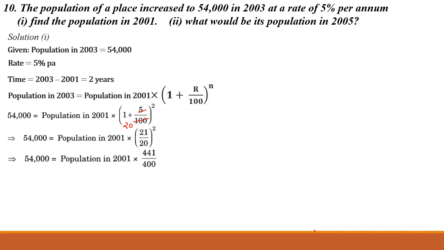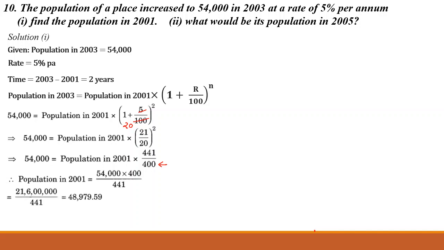Now to find out the population in 2001, we will transfer this fraction to the left hand side. And we know that whenever we transfer a fraction to the other side, it becomes the reciprocal of the fraction. So in the next step we will get that the population in 2001 will be equal to 54,000 multiplied by the reciprocal of 441 by 400, that is 400 by 441.